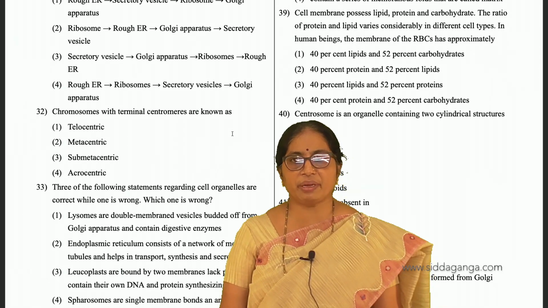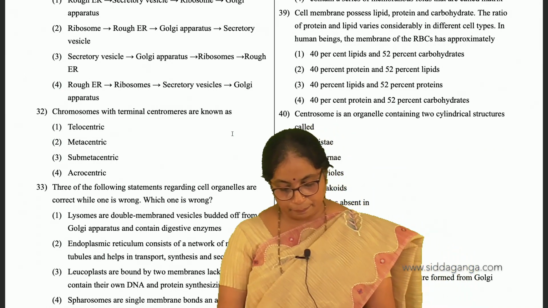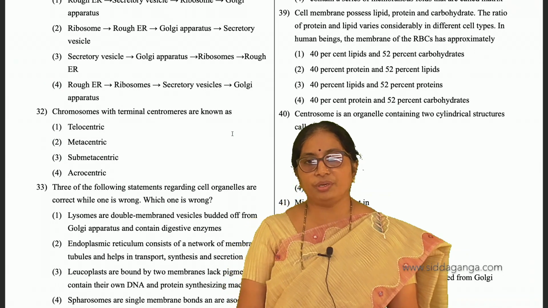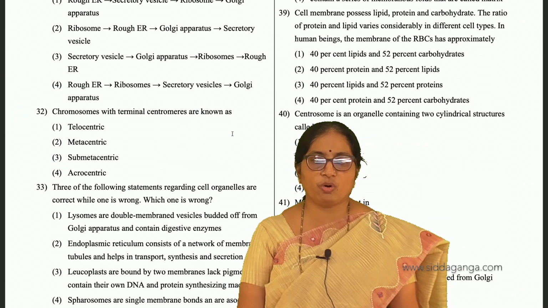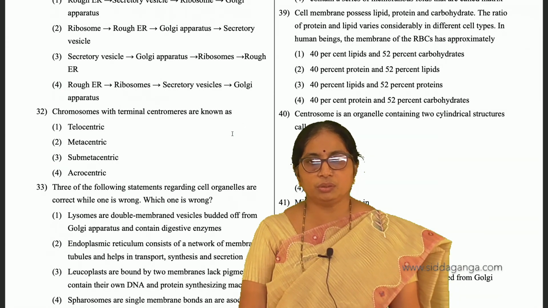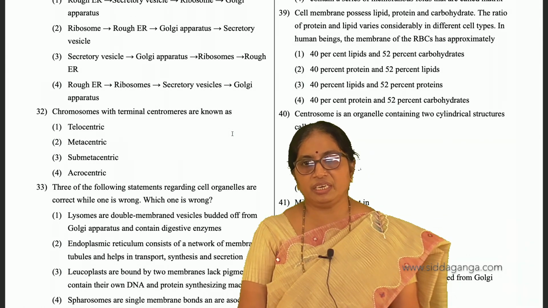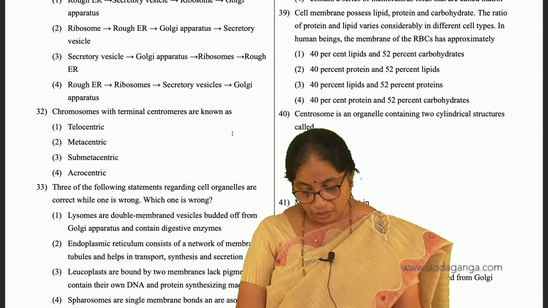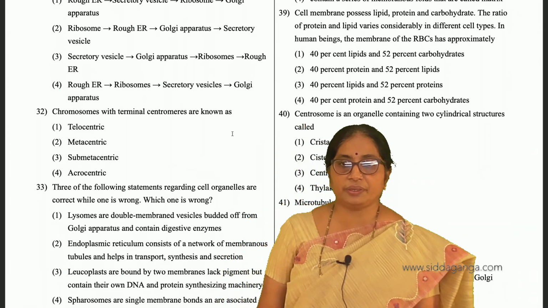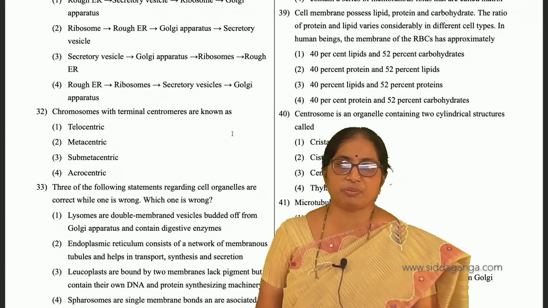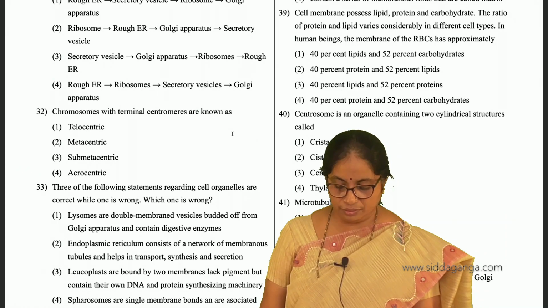In human beings, the membrane of the RBCs has approximately, we have already studied this, lipid, protein and carbohydrates in different proportions. So 40% lipids and 52% proteins are present in RBCs. So 40% lipids and 52% proteins, that is option 3, is the right answer. It is a direct question from the textbook and you can directly point out option 3 as the right answer.